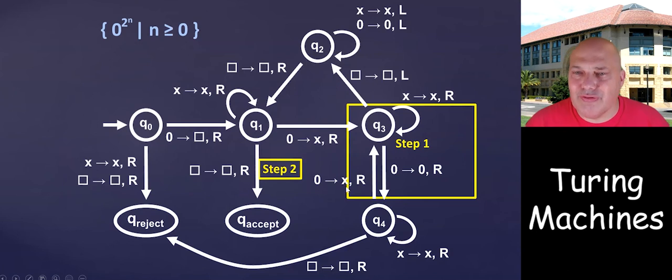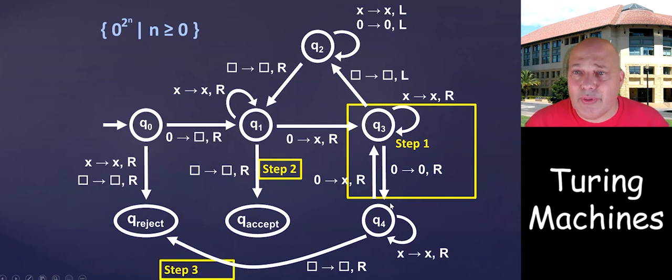So you're removing a zero. So this is a step of removing every second one. If at some point, instead of seeing two, you see one zero, and now instead of seeing another zero, you're seeing the empty cell, then you're going to reject.